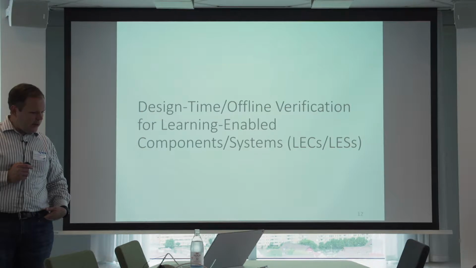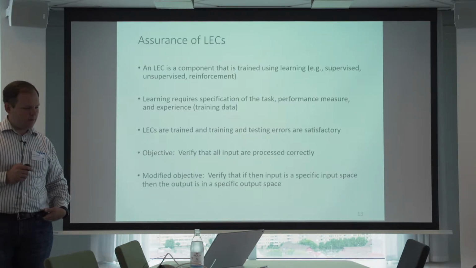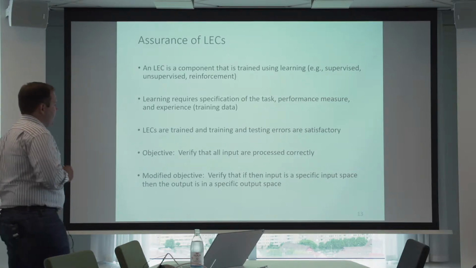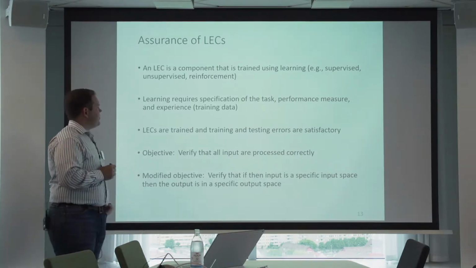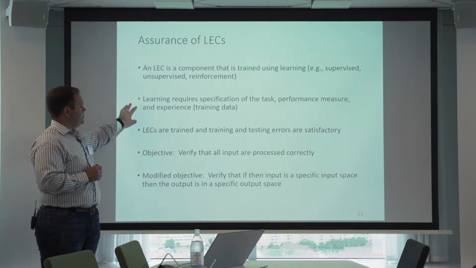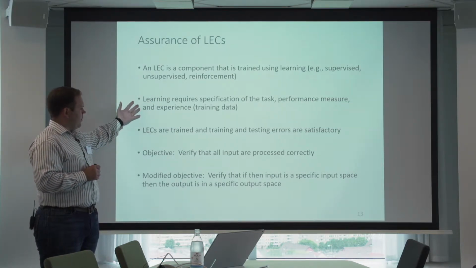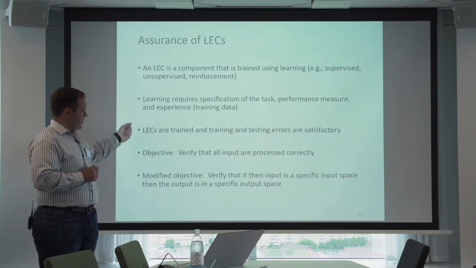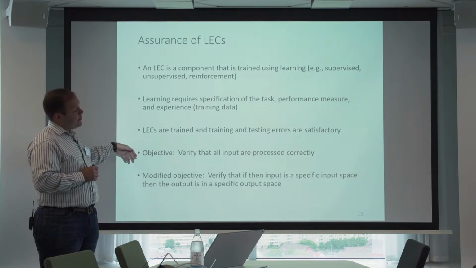All right, so how do we do this? And how do we formulate this problem? So what are the components we're looking at? We're working on these data-driven components. A learning-enabled component has been trained using data. So whatever we want to do, typically a priori, we'll have specified in some way, perhaps just with data itself, perhaps in an ideal case with a more formal kind of specification.